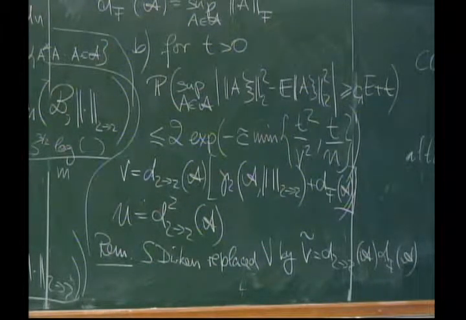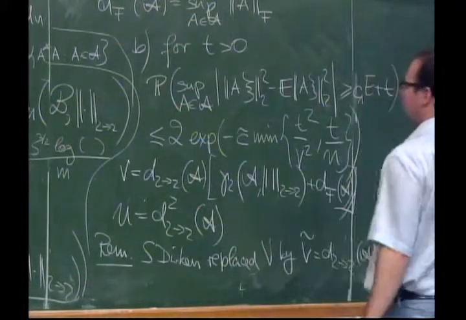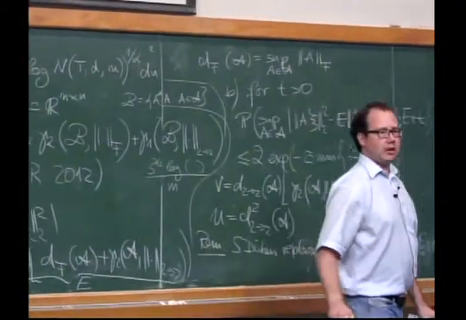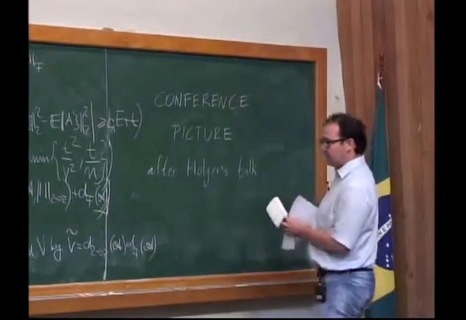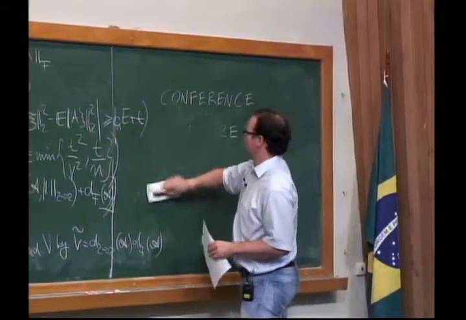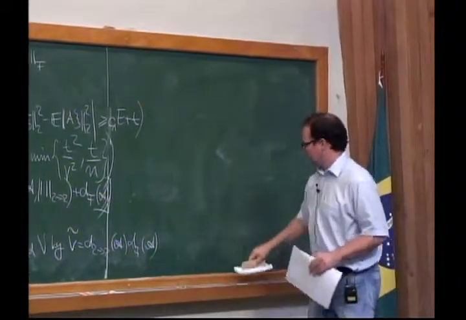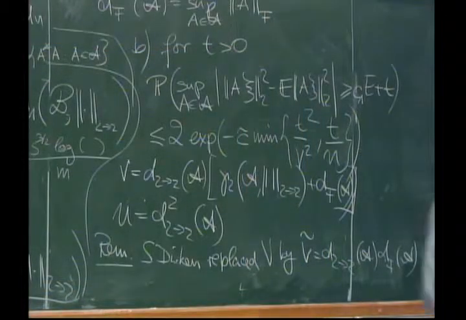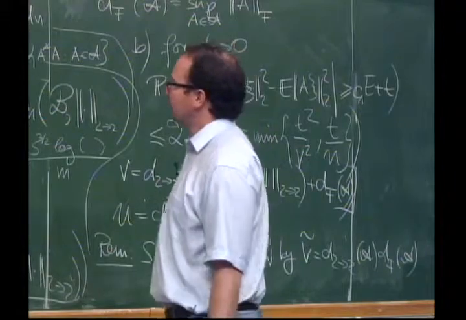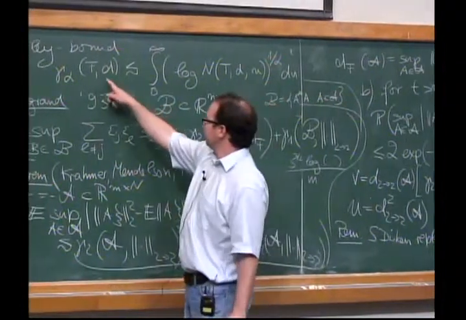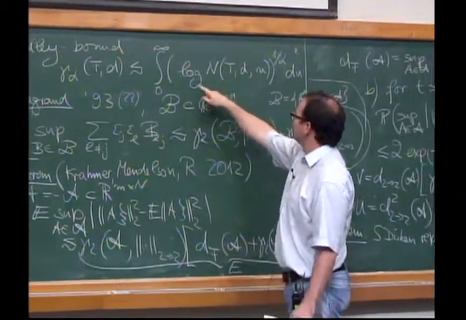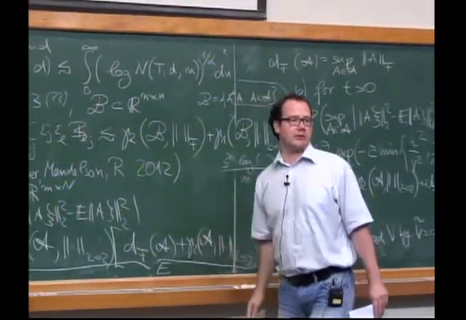The next thing I wanted to do is to give you some ideas about the proof, at least the proof of this if we have a Rademacher vector. Well, it's also non-trivial. What we first did is have the gamma 2 bounded by this, and then bound covering numbers.